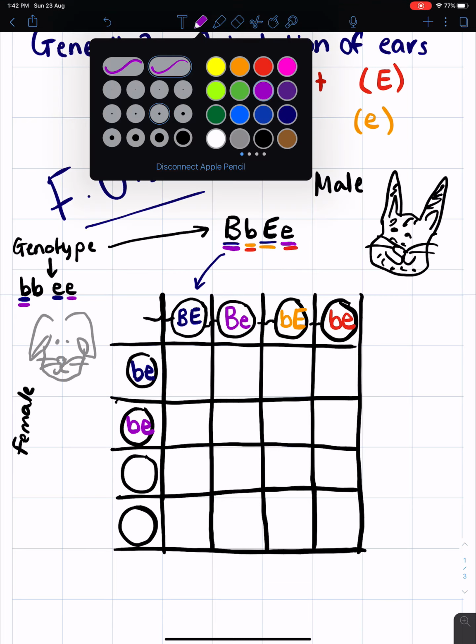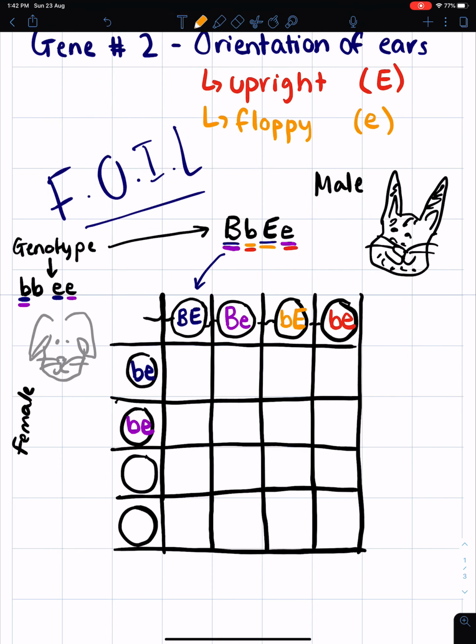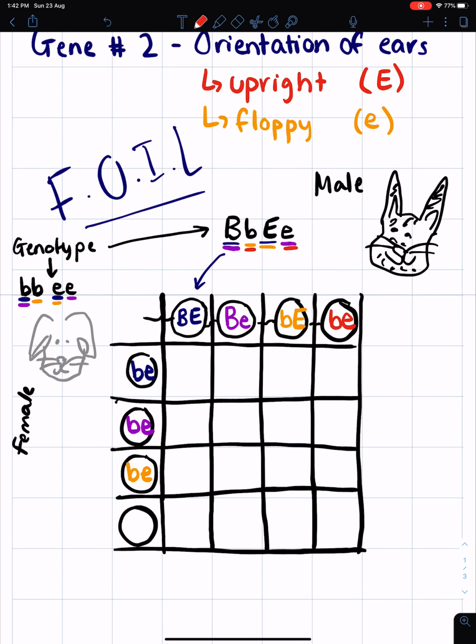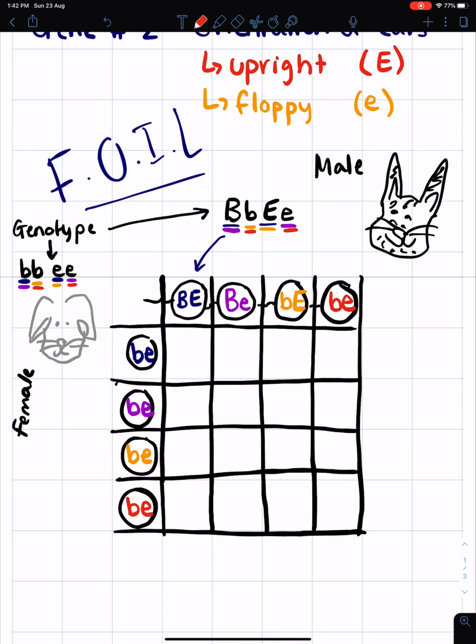Then we take the innermost, little b, little e, and yep, that's the only potential allele arrangement that you can get. So it's all going to be little b, little e, by the way. But I'll just show you for the final. We take the last, which is little b and little e. Cool. So there we go. There are our possible allele combinations.